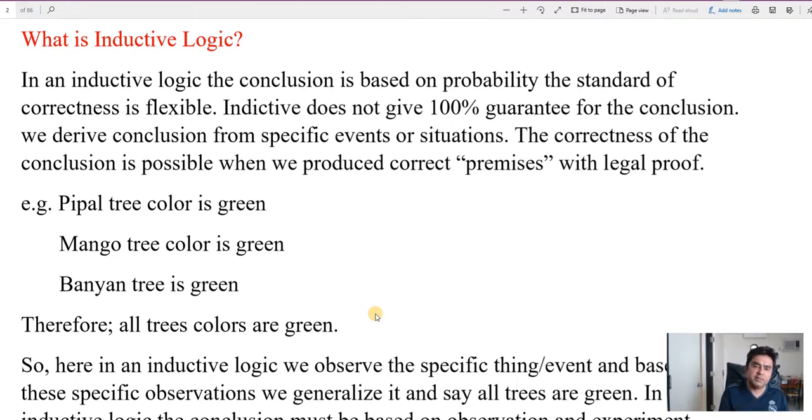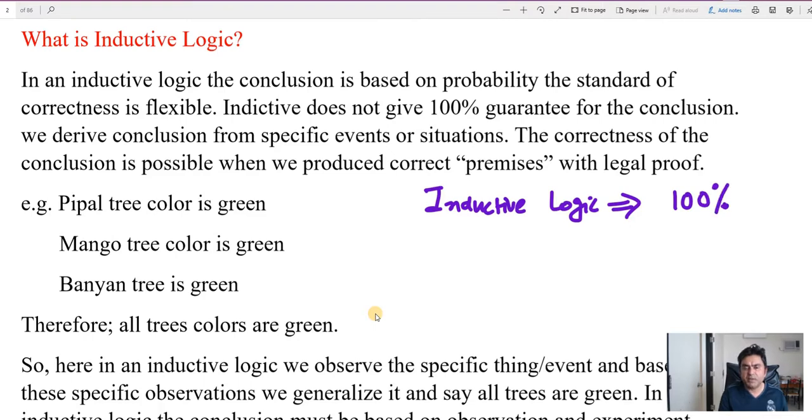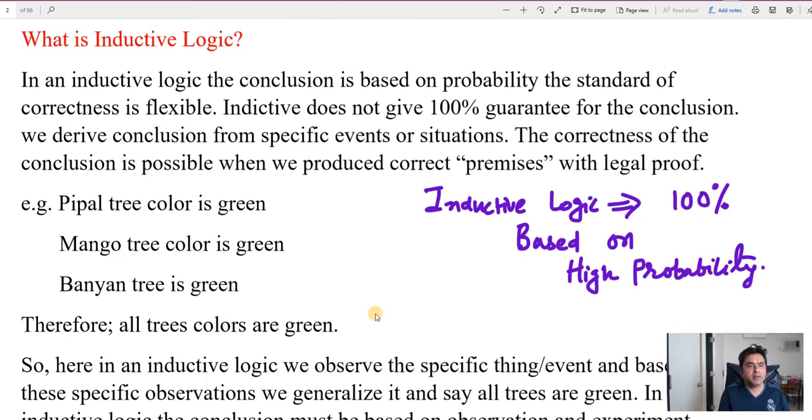It does not give a 100% guarantee to the conclusion that we are making out of the premises, but if the probability is so high, then you can perhaps conclude.